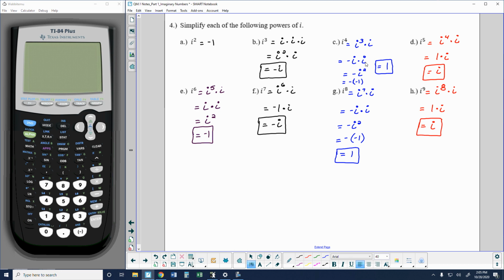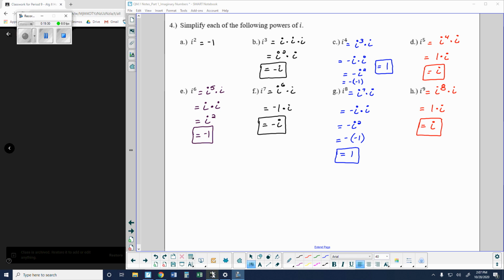Then +1. Then +i. Then -1. -i. +1. +i. So notice that there's kind of an emerging pattern here. We go with i, -1, -i, +1, +i, -1, -i, +1, +i, -1. And so on and so forth as we continue this pattern forever with powers of i.